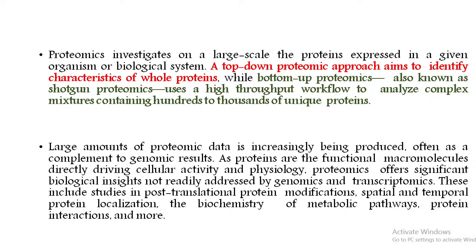A top-down proteomic approach aims to identify characteristics of whole proteins, while bottom-up proteomics, also known as shotgun proteomics, uses a high-throughput workflow to analyze complex mixtures containing hundreds to thousands of unique proteins. Okay. Next, large amounts of proteomic data is increasingly being produced, often as a complement to genomic results, as proteins are the functional macromolecules directly driving cellular activity and physiology.